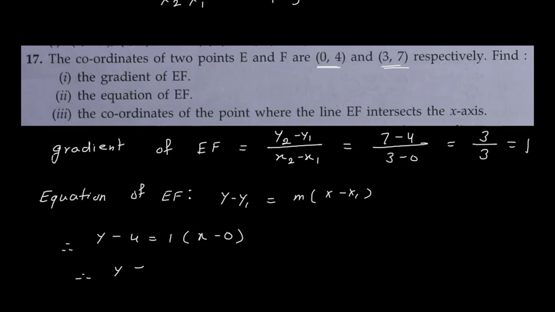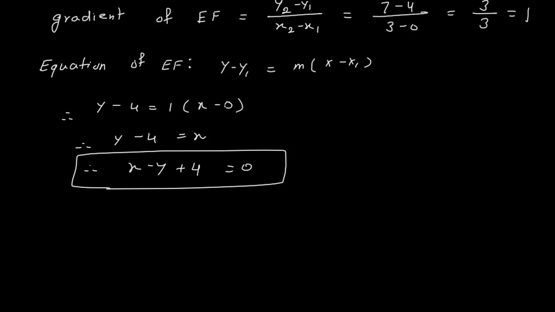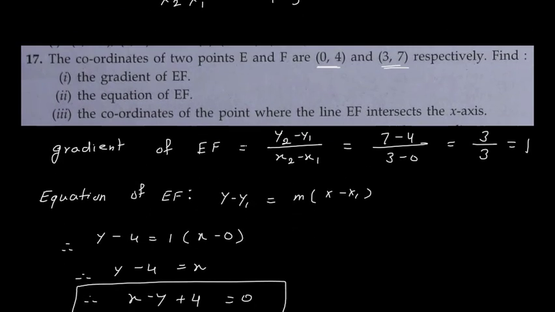So therefore this is y minus 4 is equal to x. So I will say that x minus y, and this will become plus 4, equal to 0. So x minus y plus 4 equal to 0 is your required answer.